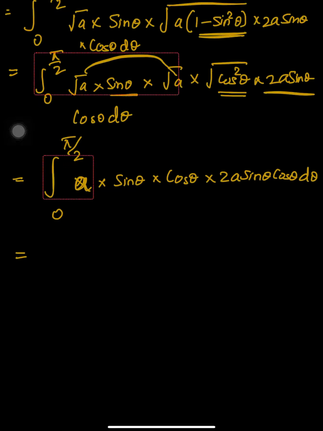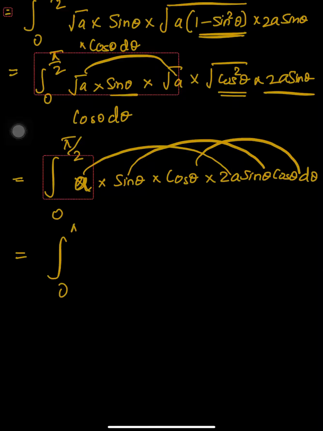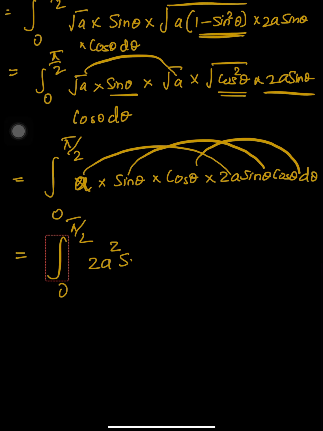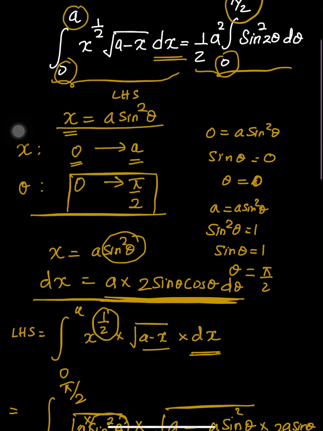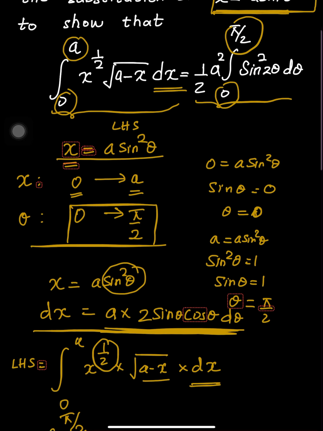So 2a squared, a into a is a squared, sin square theta cos square theta. You'll write that. So this is what you get until now. But let's check what the right hand side is.